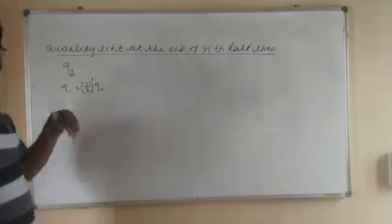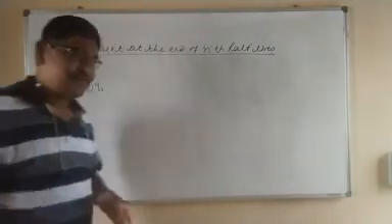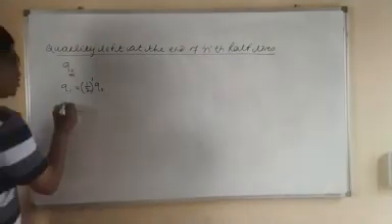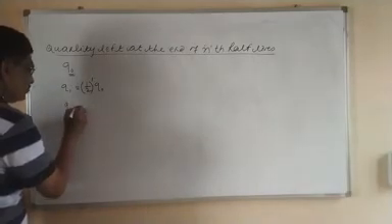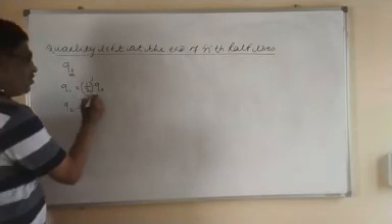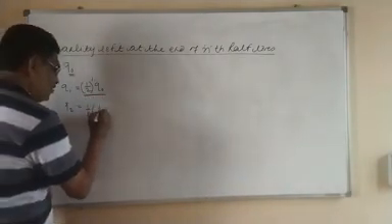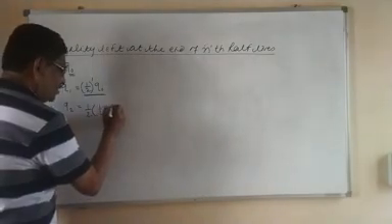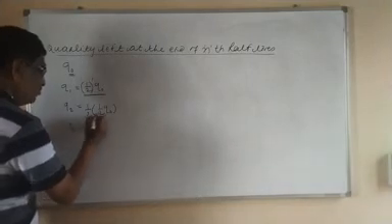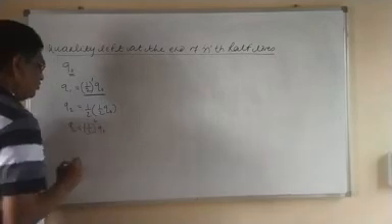Now go towards the second half life period. At the end of the second half life period, the amount left will be, say, small q2. How much amount will be left? One half of this quantity. Therefore, one half into q1, that is, one half squared into q0.